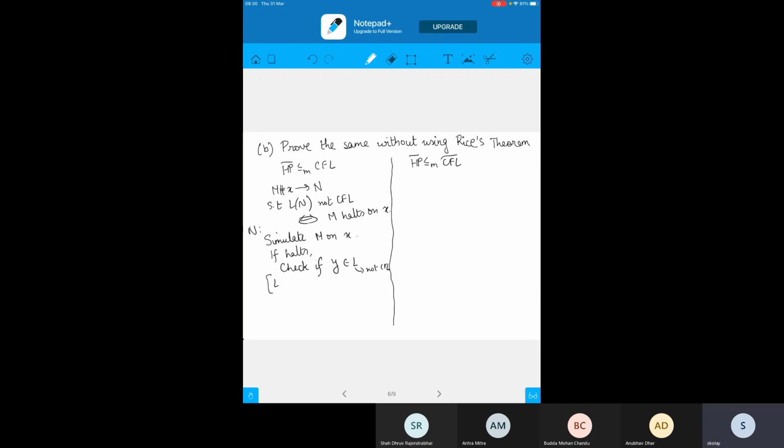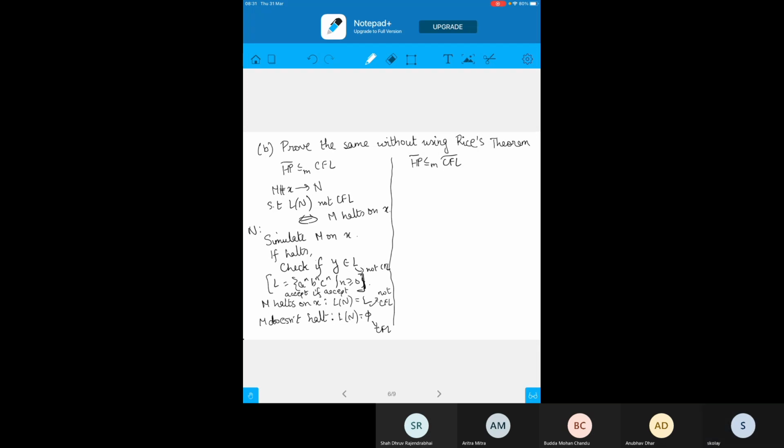For example, L is equal to a^n b^n c^n. Now if M halts on X, then you get the language L of N equal to L, and if M does not halt, then you get the language phi. This is CFL and this is not CFL.